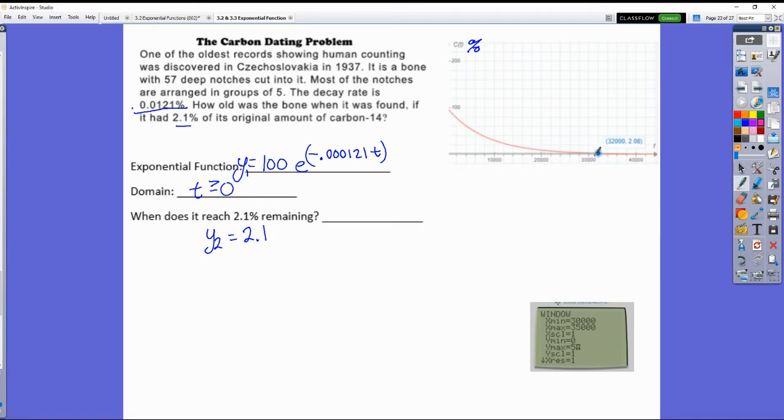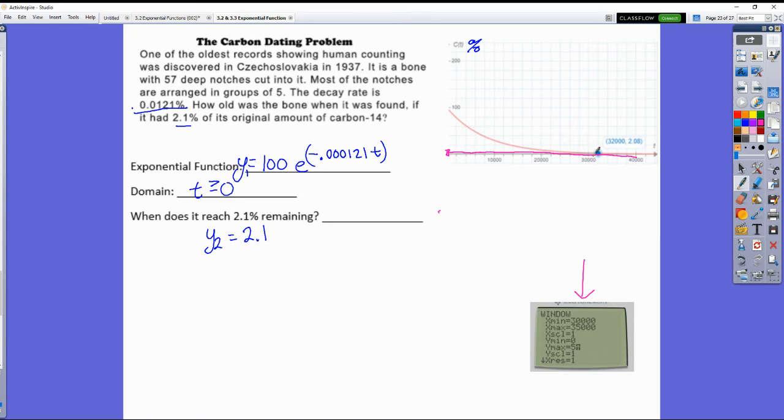But I'm going to tell you that if you want to see this and the line 2.1 on your computer very well, you're going to need to change your window because 10 by 10 is an awfully little section of this. So make sure you change your window. I put some window settings down here that can help zoom in on that quite a bit.